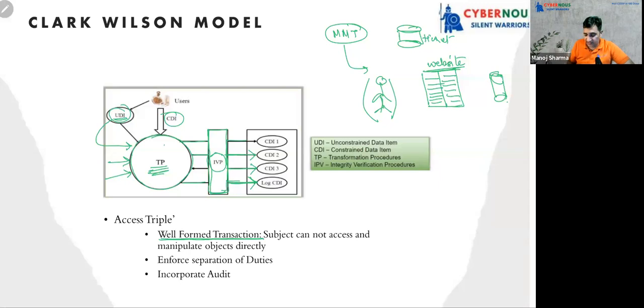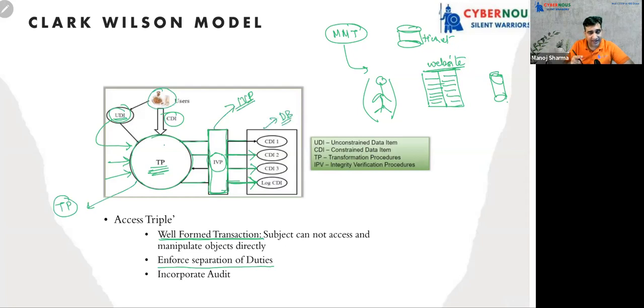The second thing is enforce separation of duties. How is separation of duties enforced in this? The person who is using is different. The person who will be handling this transformation process will be different. The person who will be managing this integrity verification process will be different. And the person who is managing this particular database will also be different.